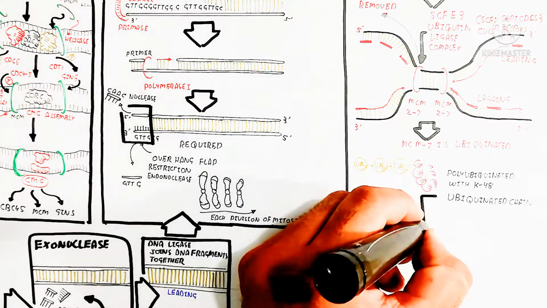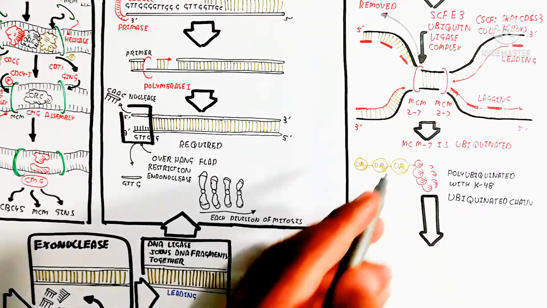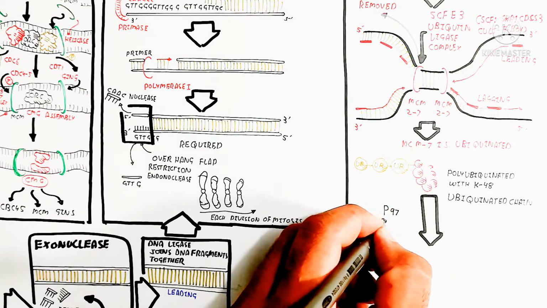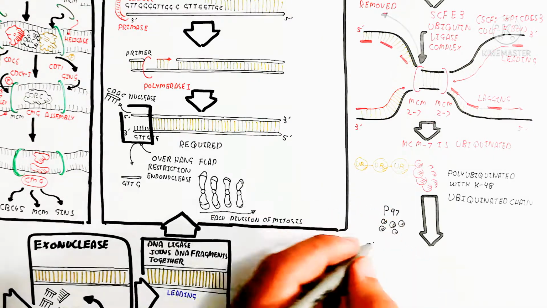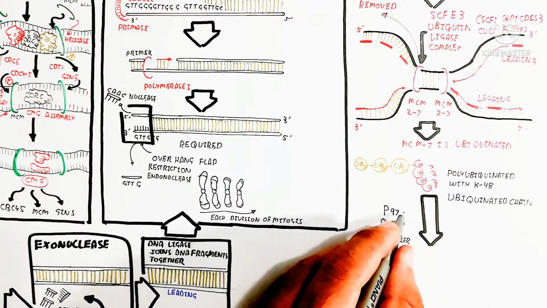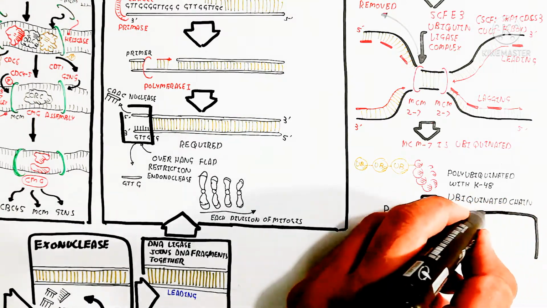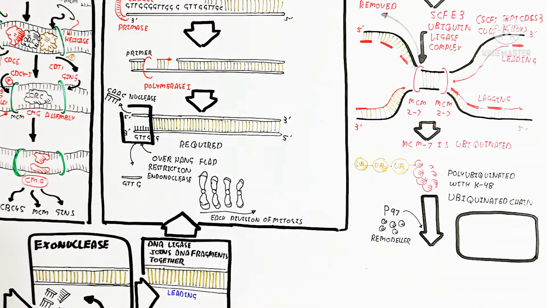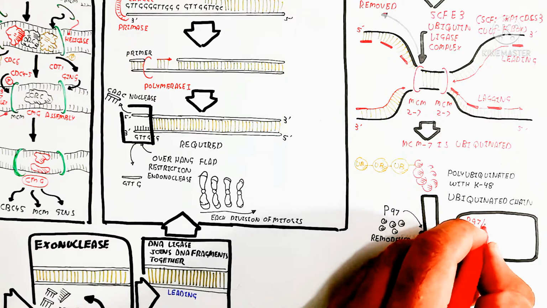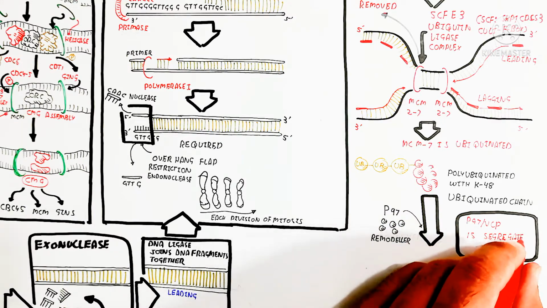P97 and VCP is a segregase enzyme, which performs the segregation. The segregation causes the disassembly of the active helicase enzyme, and that helicase enzyme will be removed. After the helicase is removed, the DNA will be unwound.